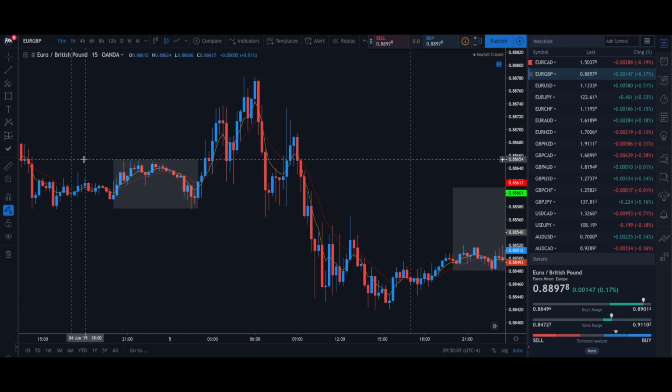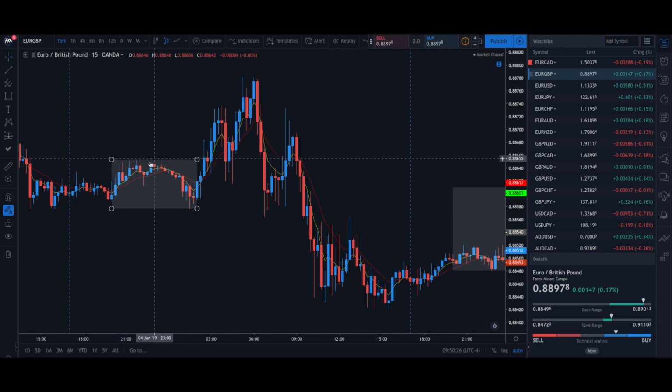The stop hunts, most of the time, you're going to see during a type 1 setup. You'll see them during type 2s and type 3s, but the most obvious ones are type 1s, because they have to move outside of the range for these moves to happen, like this one here.